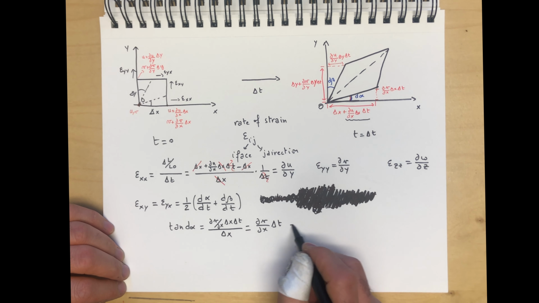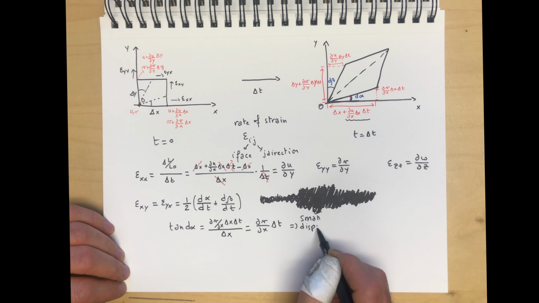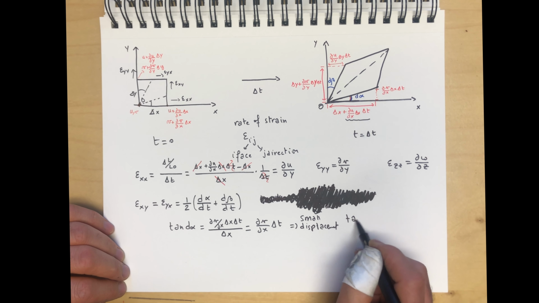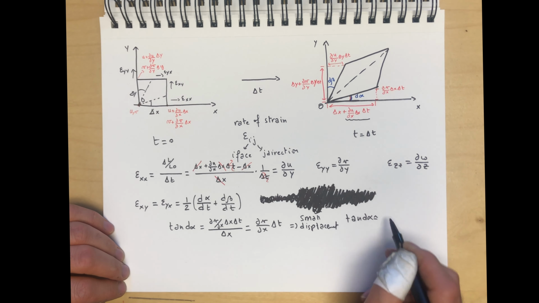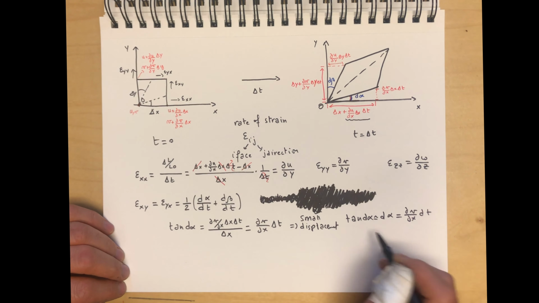Now for small angles, small displacement, tangent d alpha is approximately equal to d alpha, and that's equal to dv by dx dt.